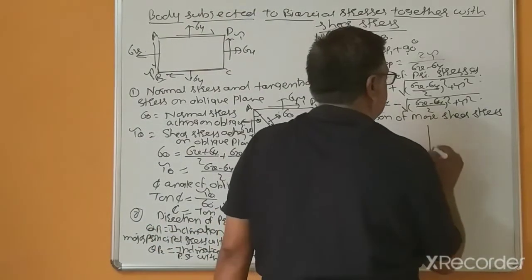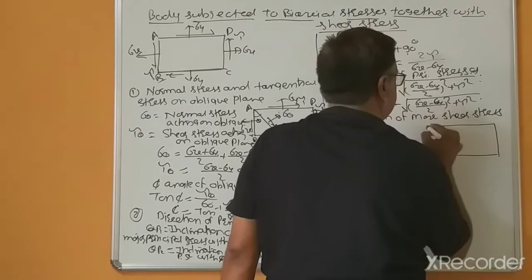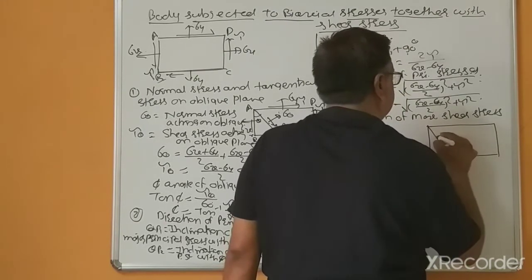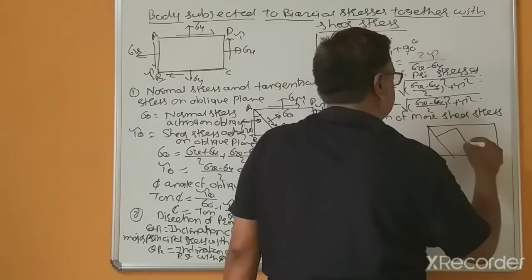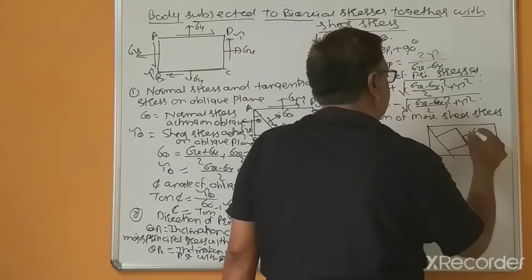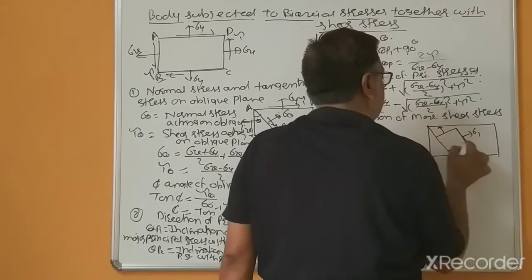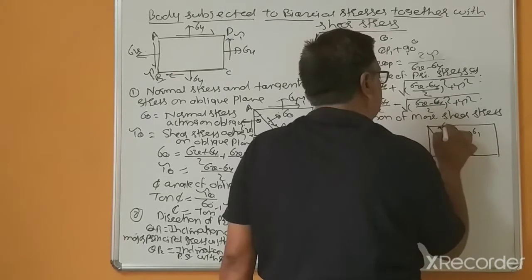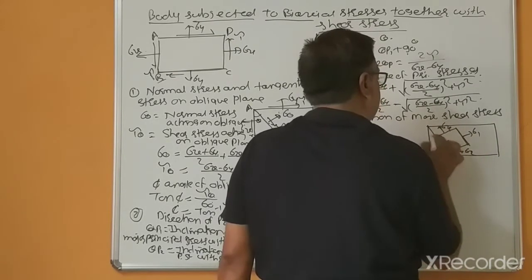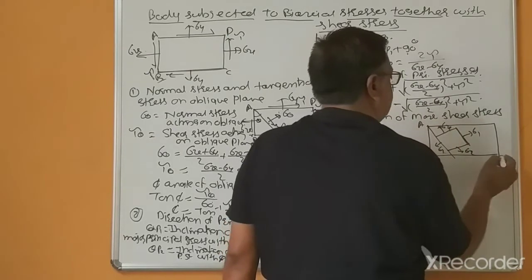Again we have this here: theta 1, theta 2, sigma 2, sigma 1, A, B, C, D.